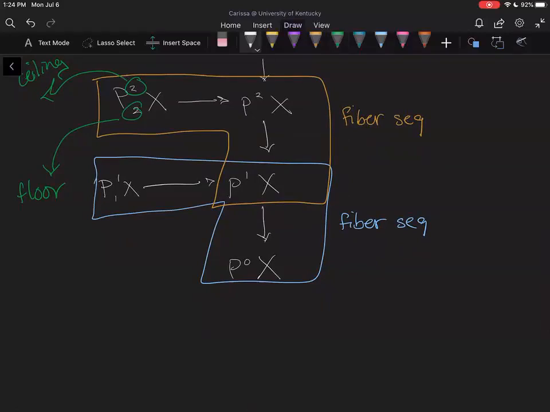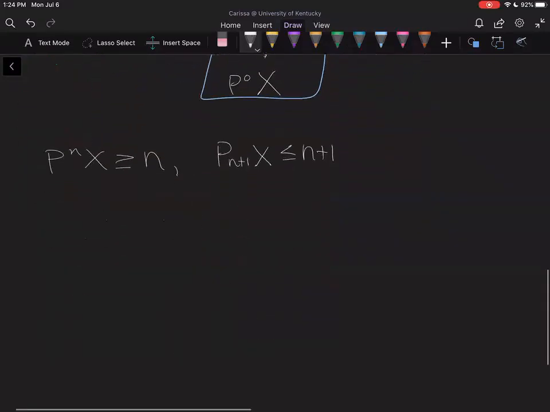All right, now by definition, P upper n of x is at least n. And then P lower n plus 1 of x is less than or equal to n. It's a bit of a weird definition.